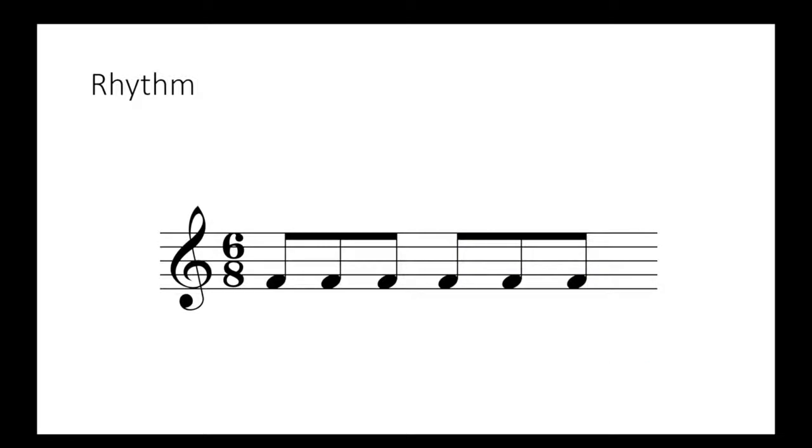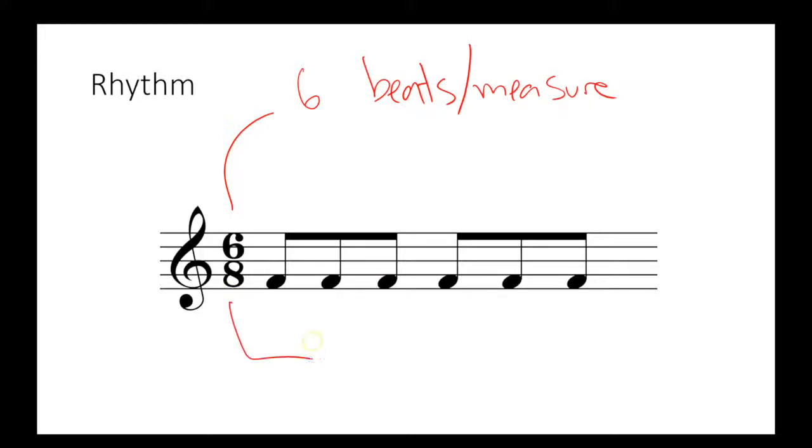Another common one might switch things up a little bit. 6/8 time gives us 6 beats per measure. But the eighth note gets the beat, which means we count this as 1, 2, 3, 4, 5, 6. 1, 2, 3, 4, 5, 6.